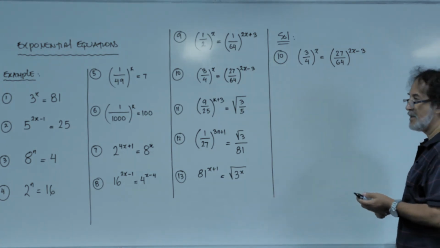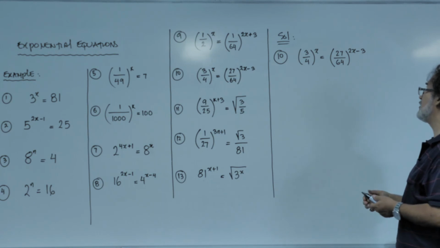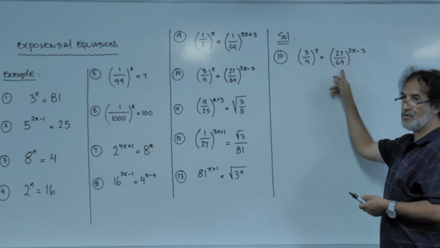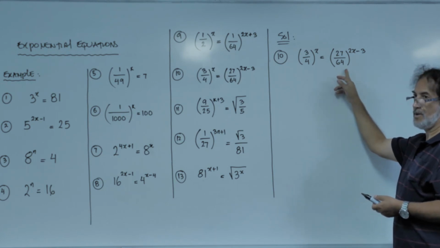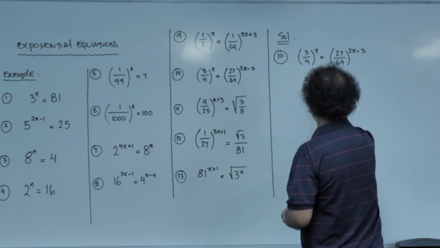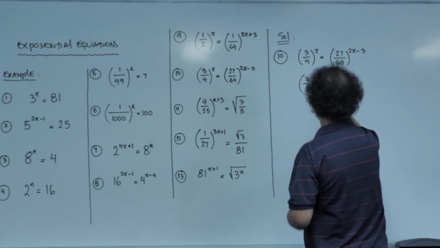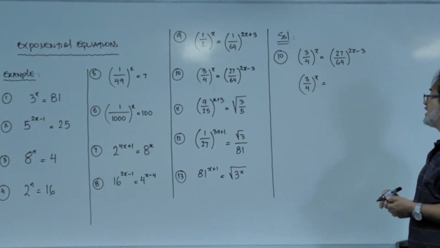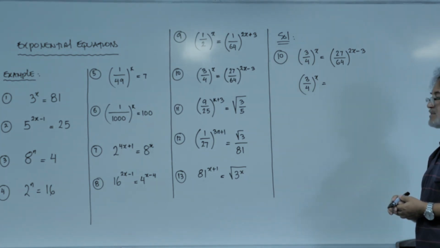Okay, we could, but there's no way that we're going to make 3/4 look like 27 over 64, so we're going to do it the other way around. And you can see, you can do this very quickly in your head after a little bit of practice. 27, 64.